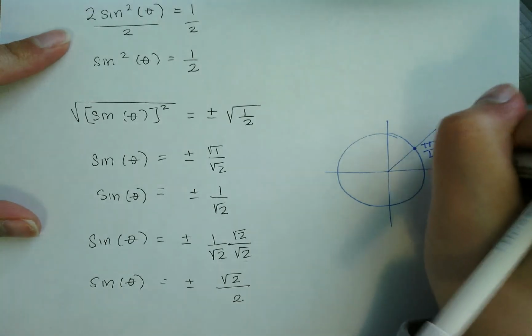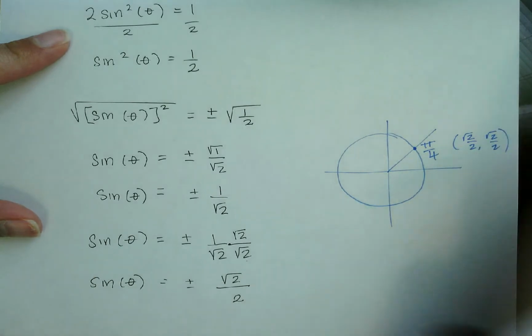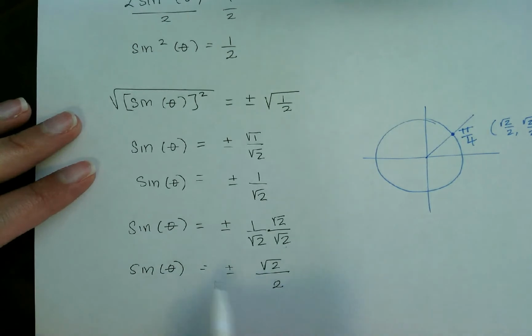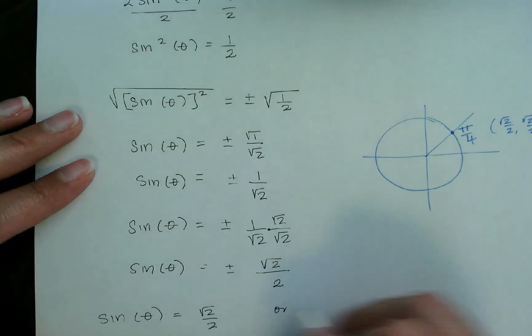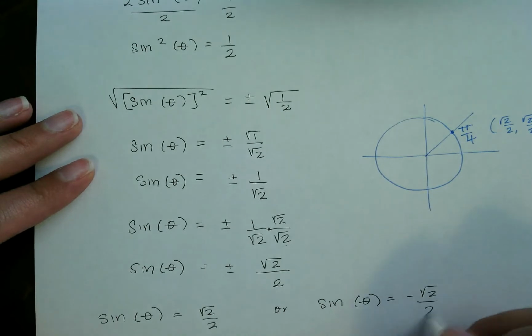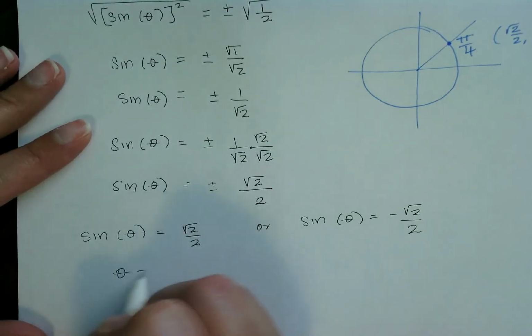Okay. Now this has 2 answers though. So we want sine of theta to equal positive square root of 2 over 2, or sine of theta to equal negative root 2 over 2. So we got to find where both of those things happen. Okay. So theta equals, for positive, pi over 4. That's the first spot.